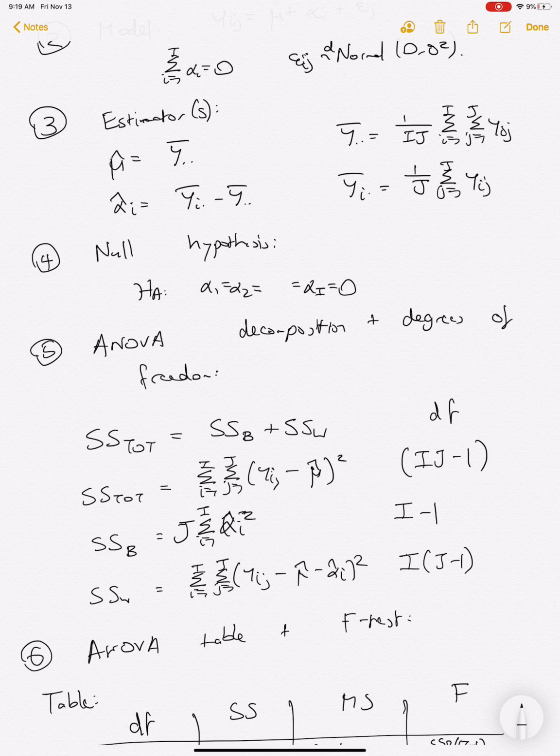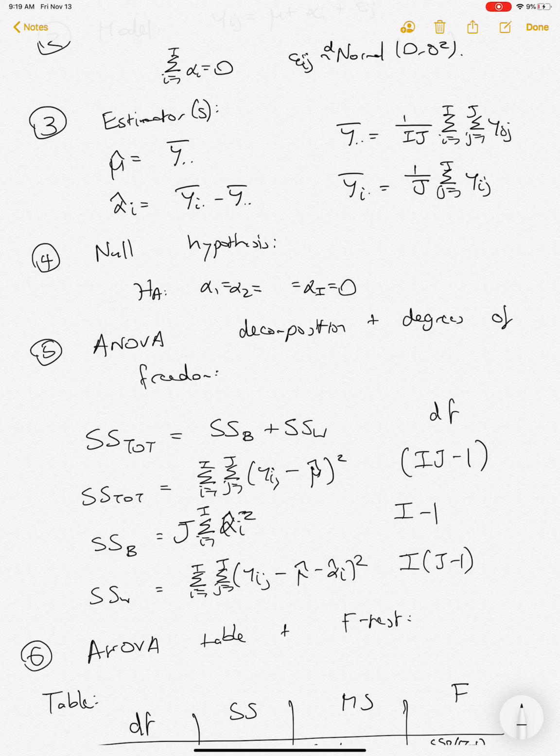So here mu hat is the overall mean. I've used this notation y bar dot dot, which is just the overall mean across all of the I groups. And alpha hat i is the group effect. That's the mean of each group, but then you subtract off the overall mean to isolate the group effect.